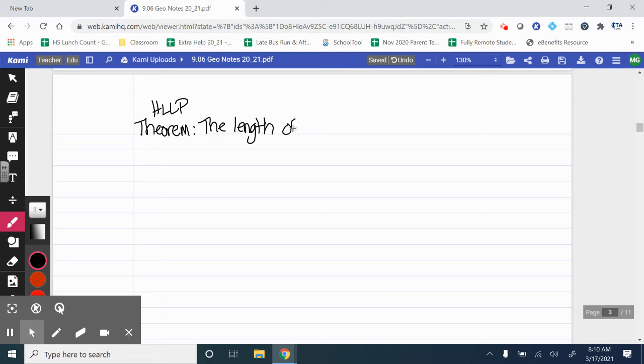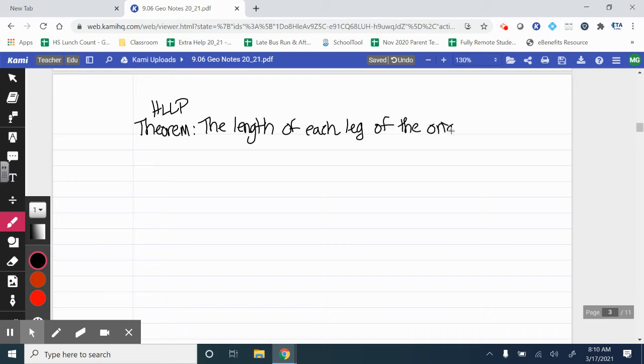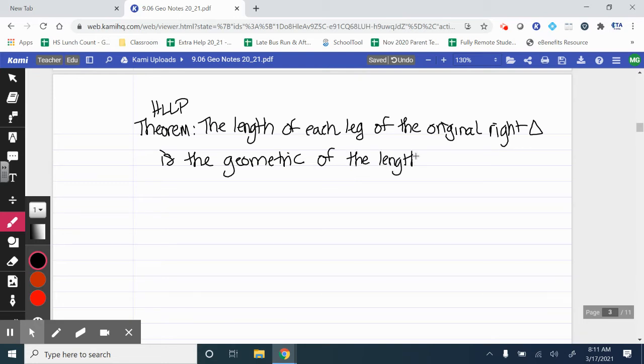So the length of each leg of the original right triangle is the geometric mean. That's why we started with geometric mean. And all of these ratios also come from just having similar right triangles. Really, these are just shortcuts to set up the proportions of our right triangles.